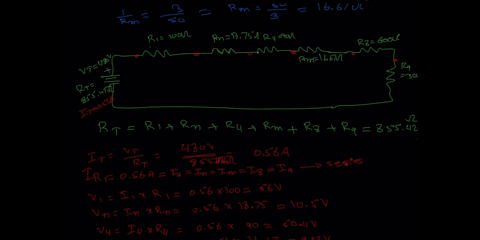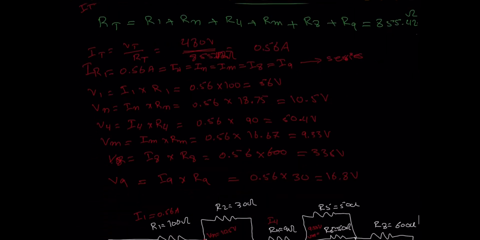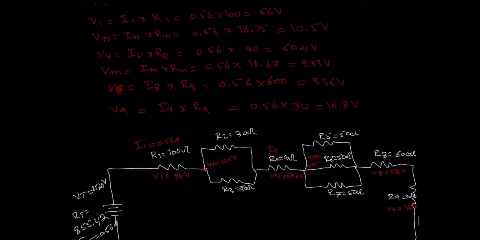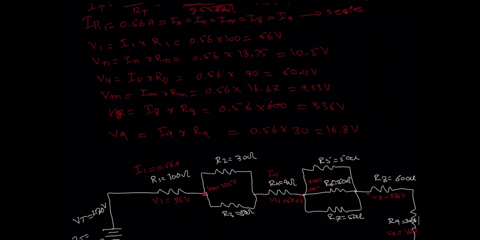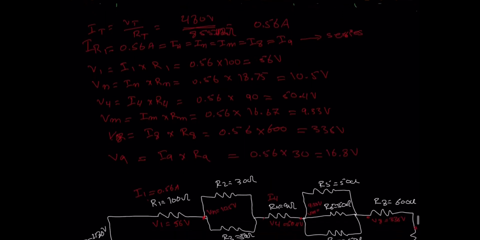They will all be the same because it's a series circuit. So all the way to resistor 9, we'll have all this current.